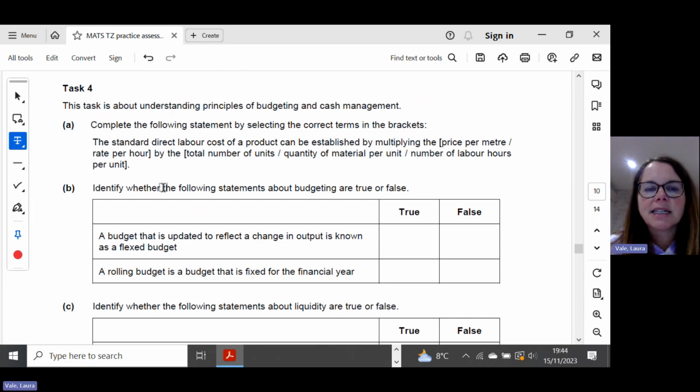So the standard direct labour cost of a product can be established by multiplying what by what. Well, if it's direct labour cost, obviously this would be material cost, so that's no good. I want the rate per hour, and I want to multiply that by the number of labour hours.